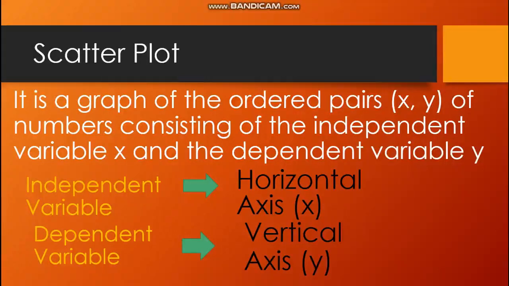So, to plot or to graph ordered pairs gamit yung ating xy plane, gagamitin natin yung values of the independent and dependent variables in finding the scatter plot of our data.